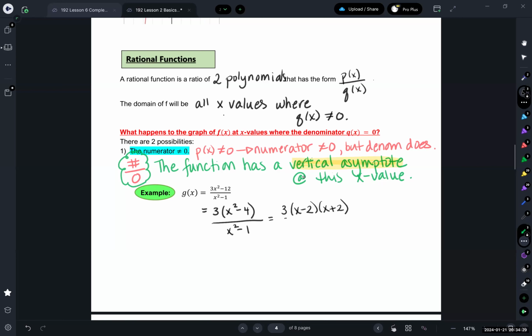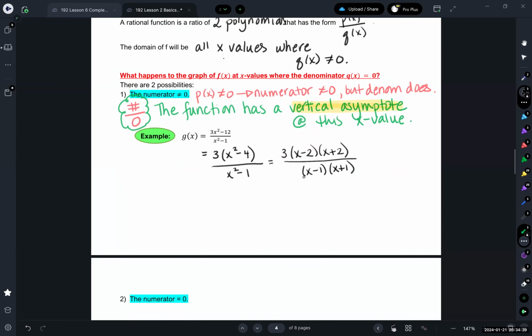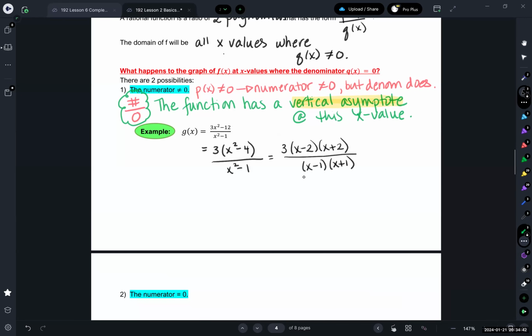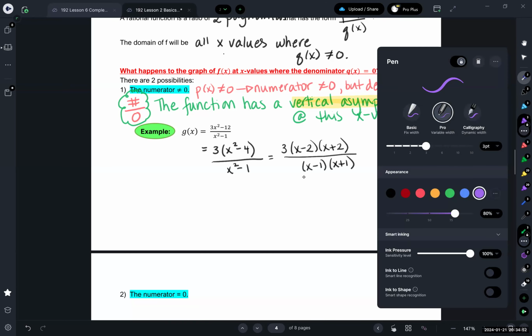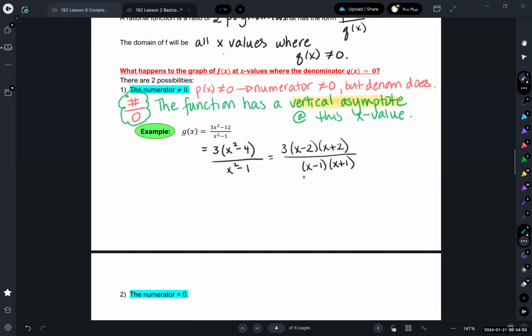So I have an x plus 2, x minus 2 on the top, and an x minus 1 and x plus 1 on the bottom. So this is just a way of writing this function in a factored form. And we can see that nothing simplifies. There's no canceling that can happen. And so there are two values that make the denominator equal to 0, 1 and negative 1. And neither one of those values makes the numerator 0. If I were to plug in 1 or negative 1 up to the top, I would not get 0.